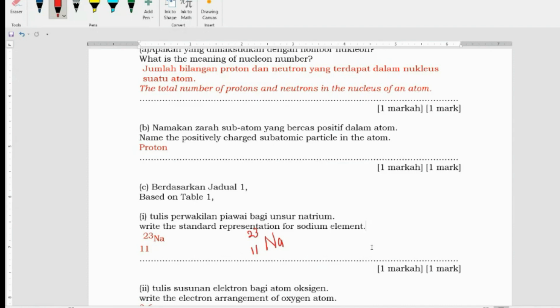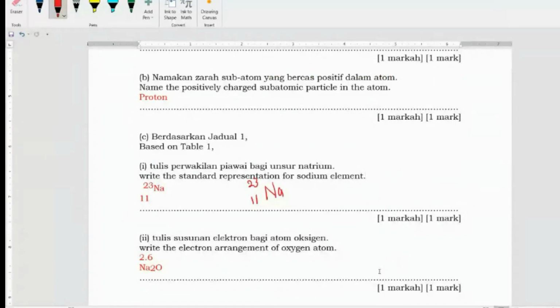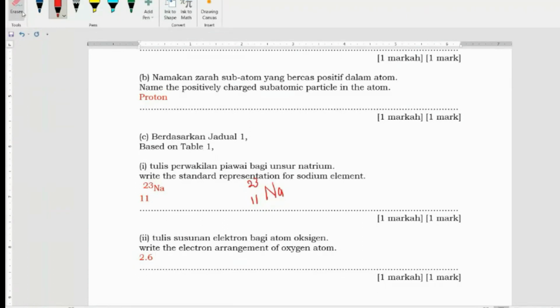Okay, so what is the answer? Electron arrangement for oxygen atom. Yeah, 2, 6. Okay, very good. 2, 6. Okay, good. 2, 6.